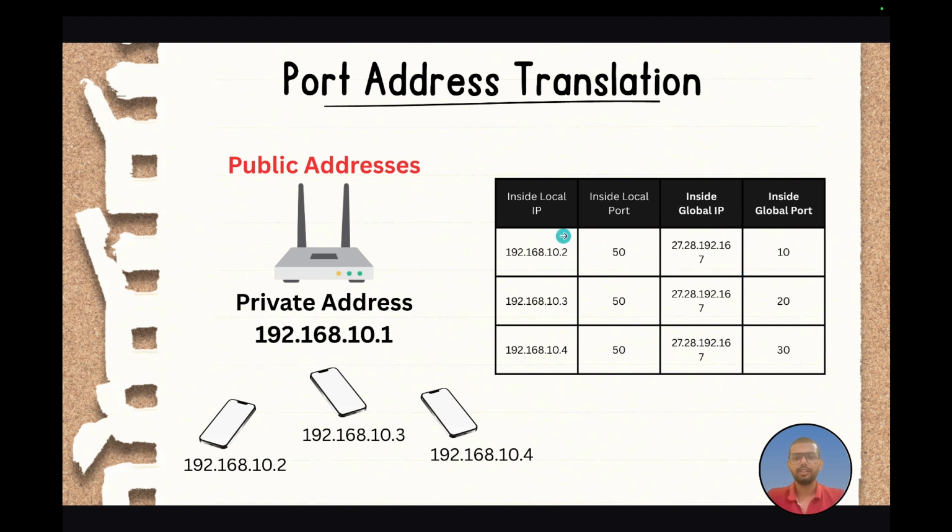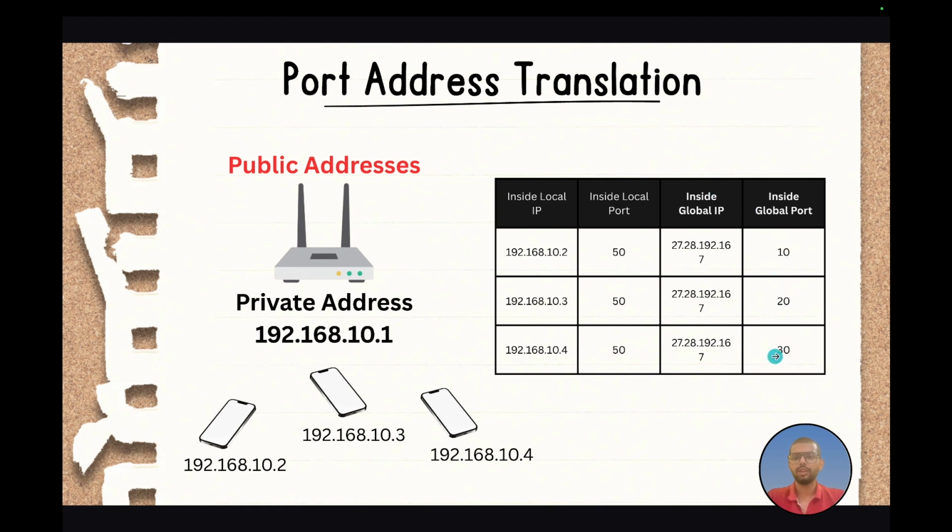Here you can see we have different private IP addresses and the same port. Basically you can assume that all of these devices want to access google.com. Now we have only one public IP address, but the difference over here is the port number.